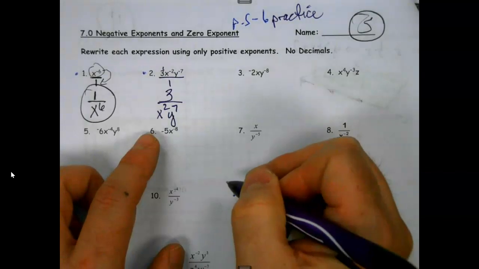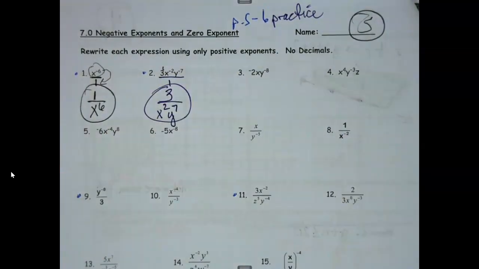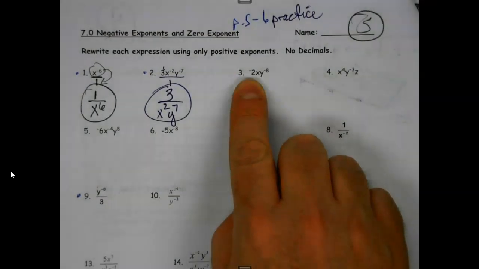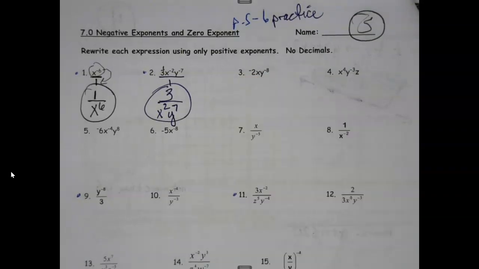Flip it to the denominator. All positive, nothing but positive vibes. We're good. Okay? Exponents, exponents, exponents are all that we're looking at. I don't care if the number's negative. Don't flip that. That we flip. That's a negative exponent. That is not a negative exponent. Don't flip it. Check your answers as you go.